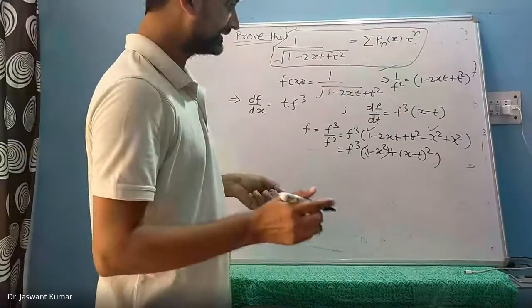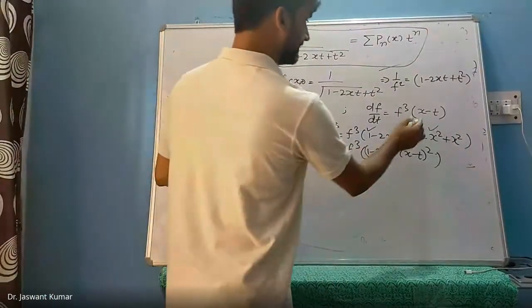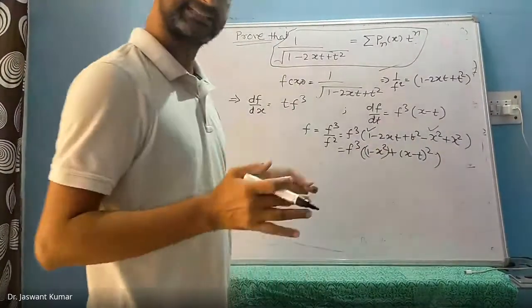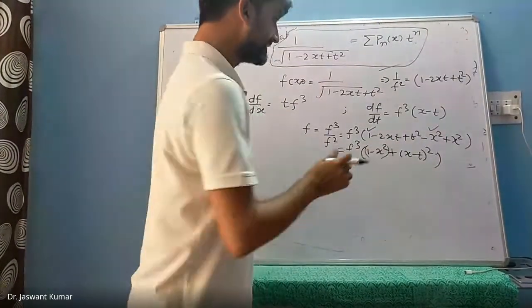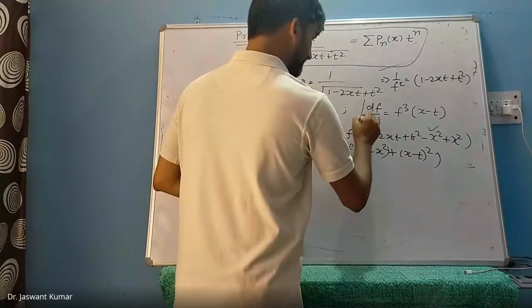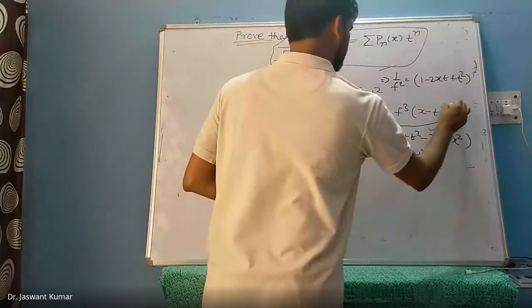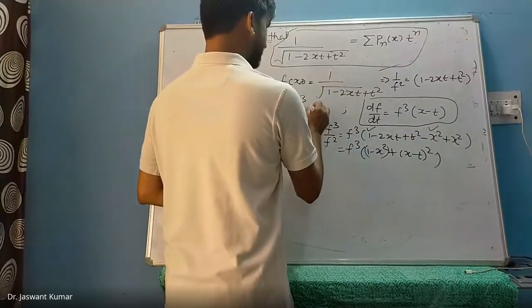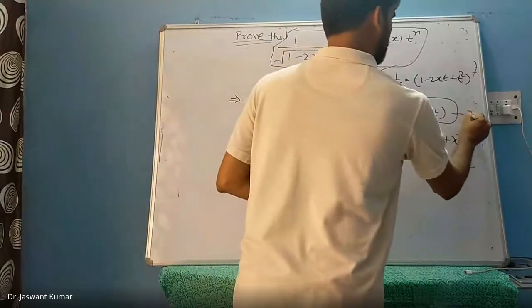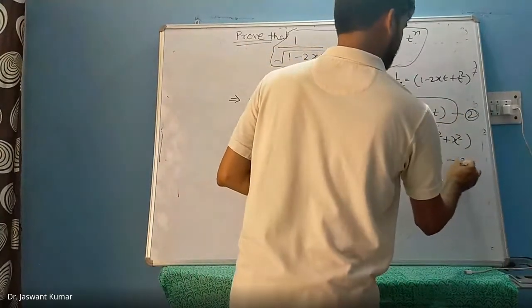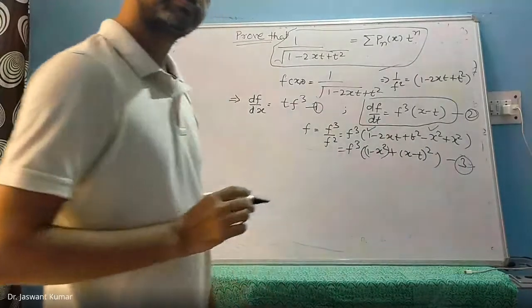Okay. So after this, another reason why we have written it like this is that you can say this is equation 1, this is equation 2, this is equation 3.